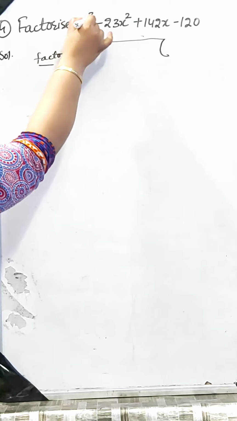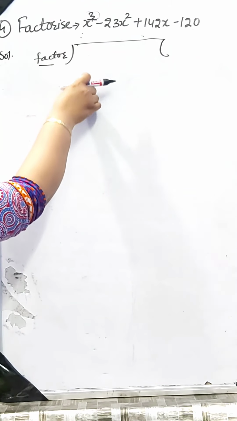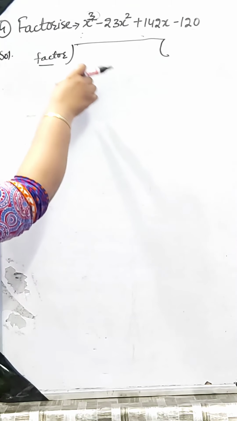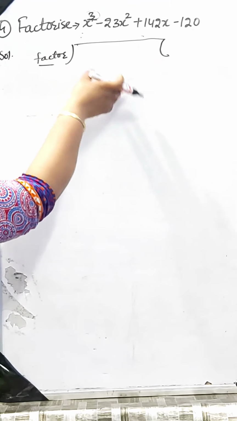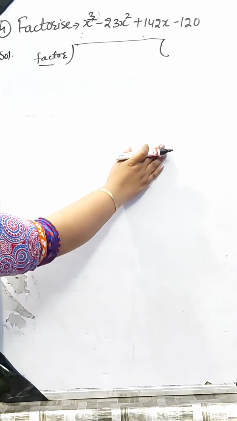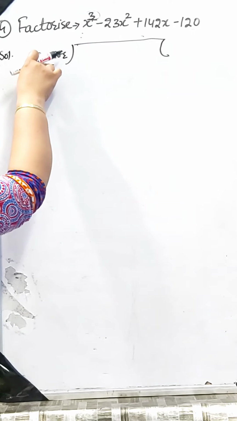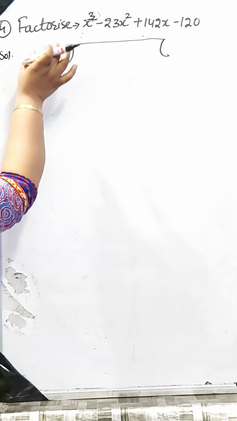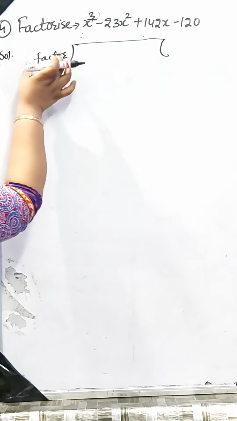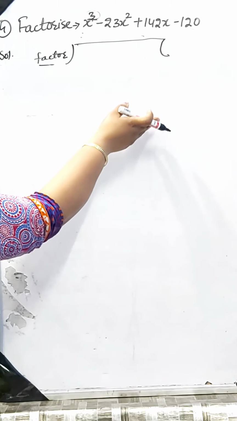Because here the highest degree is 3, and the highest degree decides how many factors we can find. Here the highest degree is 3, it means 3 factors are possible. Therefore, first of all, we have to find one possible factor, and after that divide the given polynomial by that factor to find the remaining two factors.